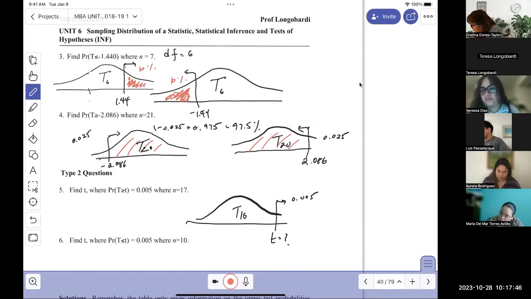So now you're going to do the backward problem. You're going to work on the top margin and go inside for the t distribution. You're going to go from the top and go down to the 16th row.